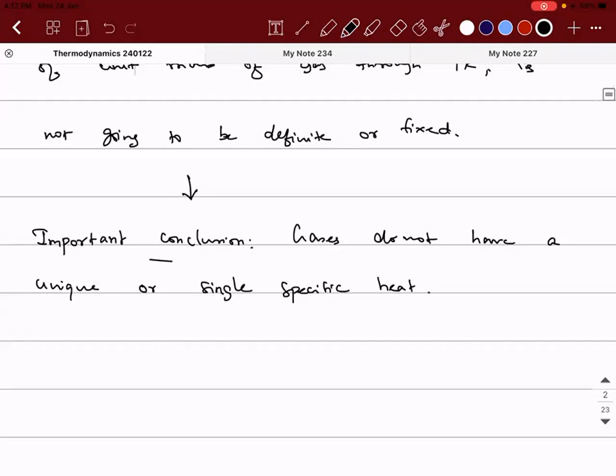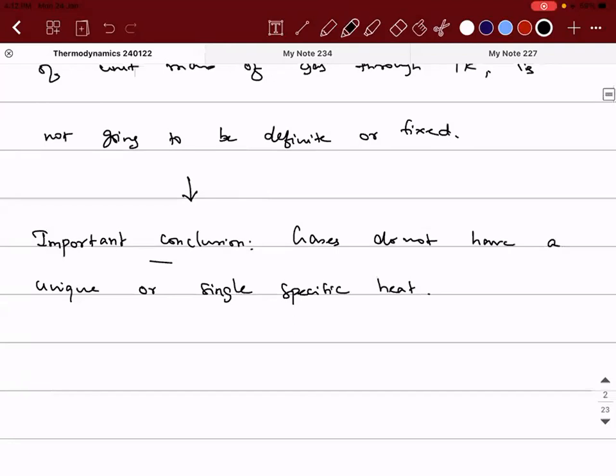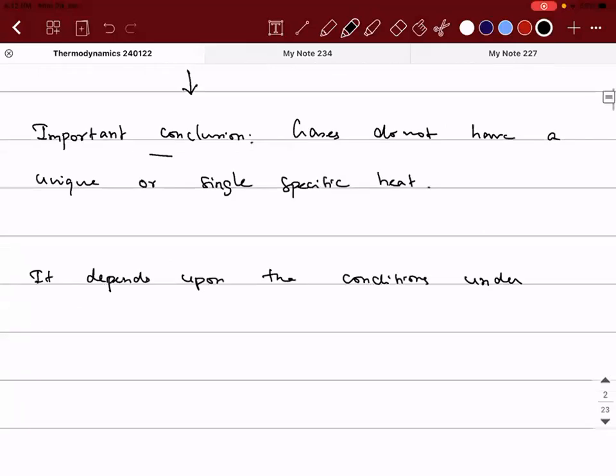Okay, so why doesn't it have? Because it depends upon the conditions under which the temperature change takes place. Listen to this.